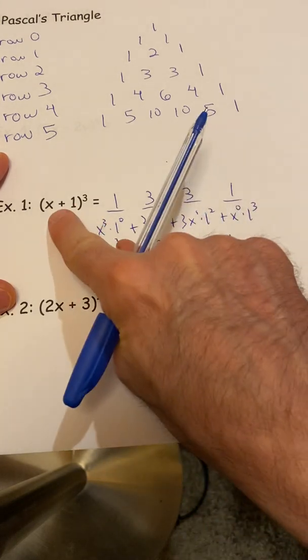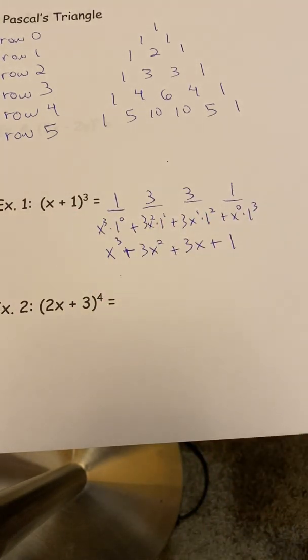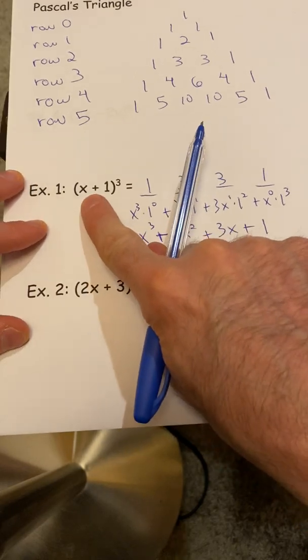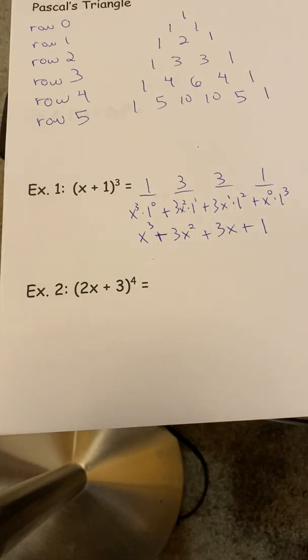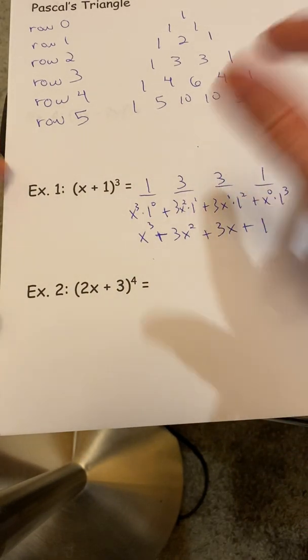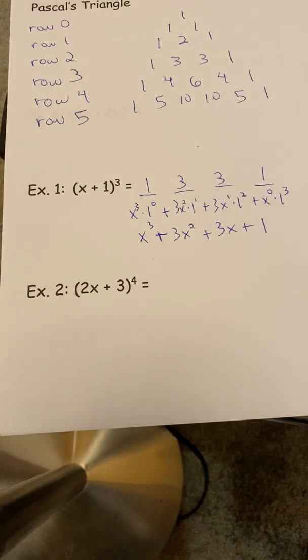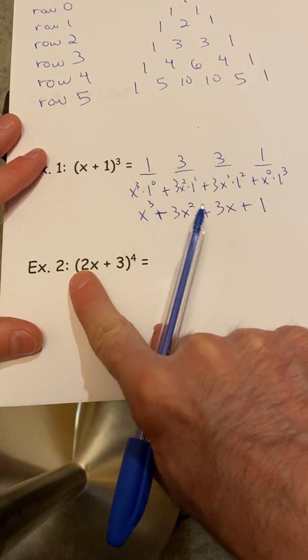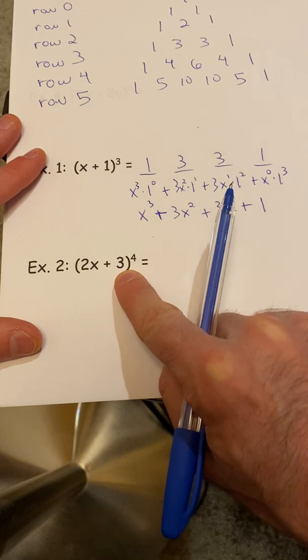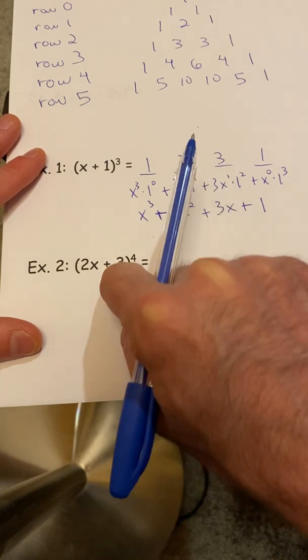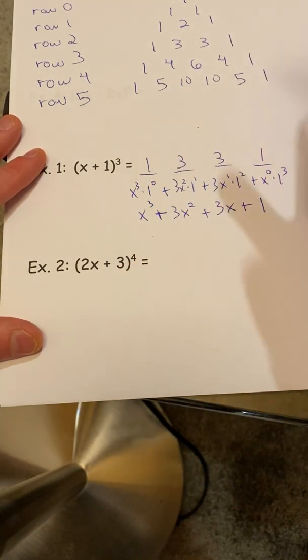So that's x plus 1 to the third. You can do this for any binomial expansion. Again, if it's a third power, you could almost argue, okay, what's easier, this or just multiplying it out directly. As you start getting into, though, 2x plus 3 to the fourth, this is where I'm going to argue it is a little easier using the row of the triangle.